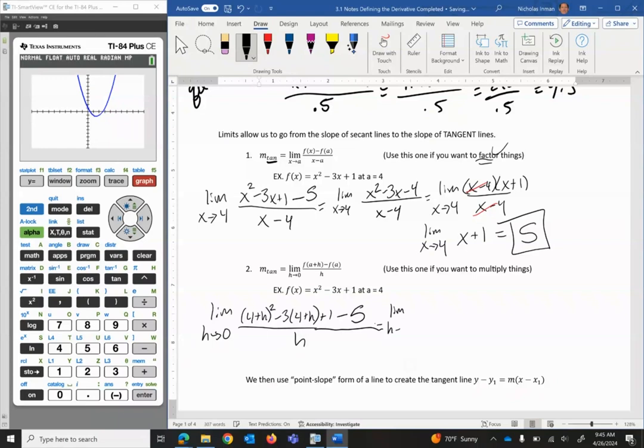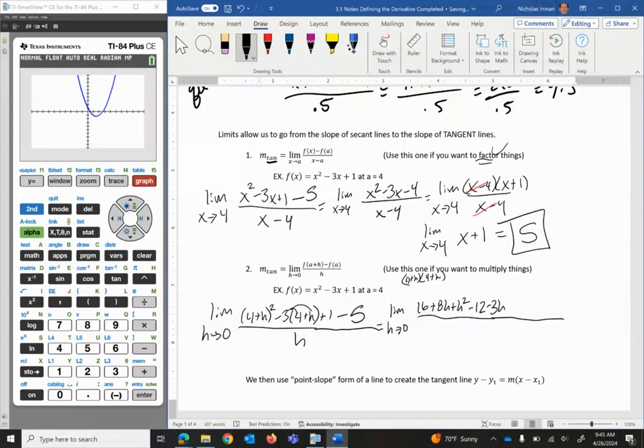So why I say that is if we do this one, we have to distribute this. Okay, so we have to do 4 plus h times 4 plus h. We should know that we have to do 4 times 4, that's 16. 4 times h is 4h. h times 4 is 4h. So plus 8h plus h squared. Distribute that 3.